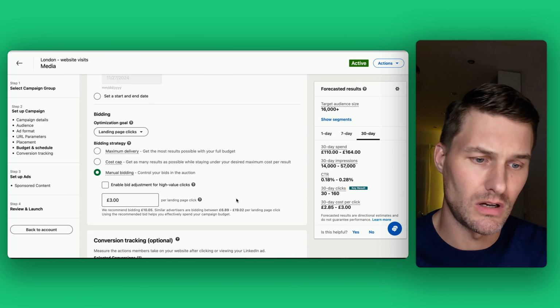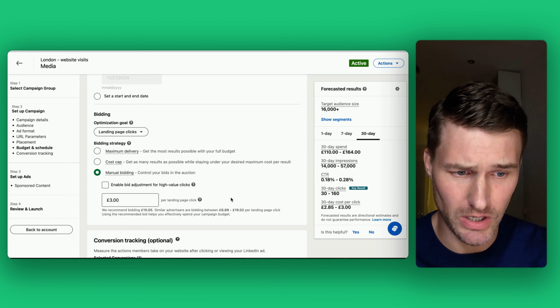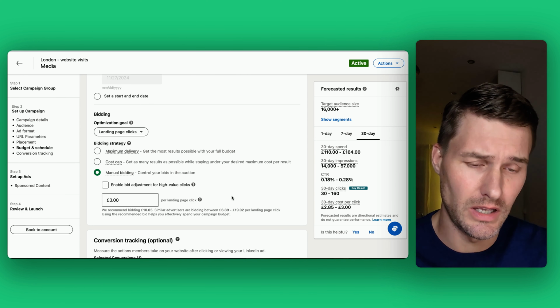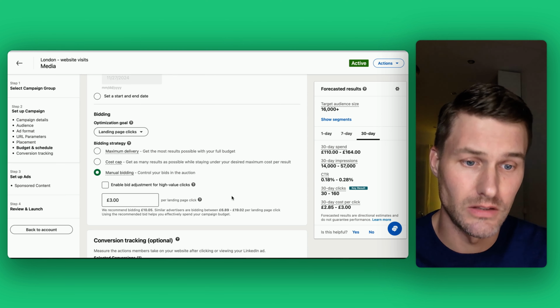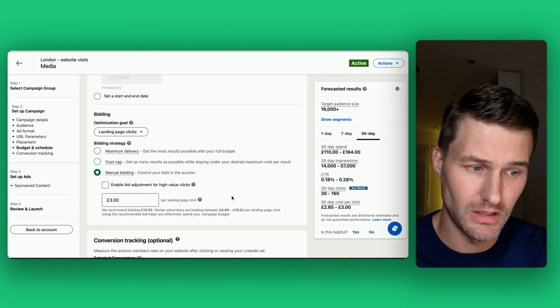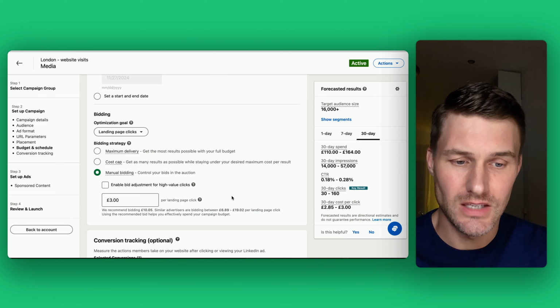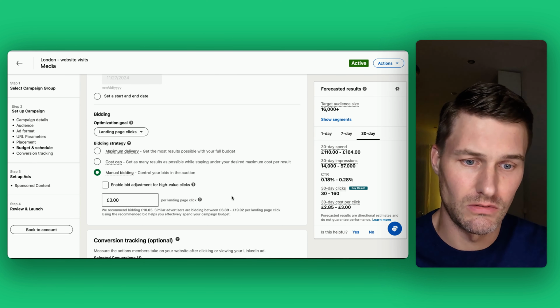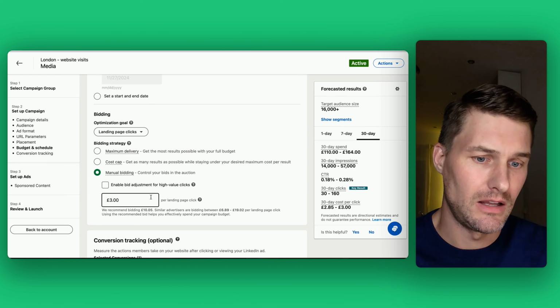But generally, I would start somewhere around 30% of the minimum bid recommended, and then monitor the daily ad spend and increase it a little bit until I'm spending the full day's budget. If I'm spending the full day's budget, it means that's the lowest bid I can maintain and still make sure that the campaign delivers maximum impressions and spends the whole daily budget. That's the logic.